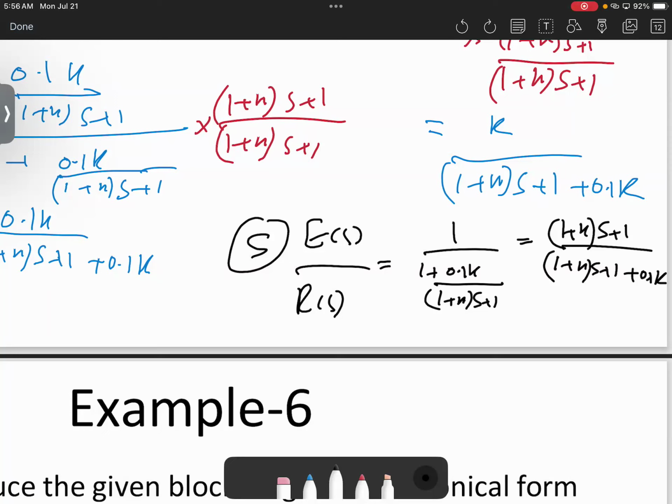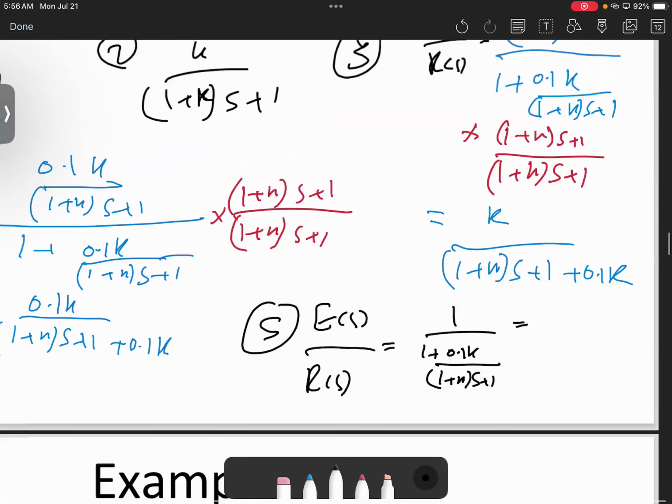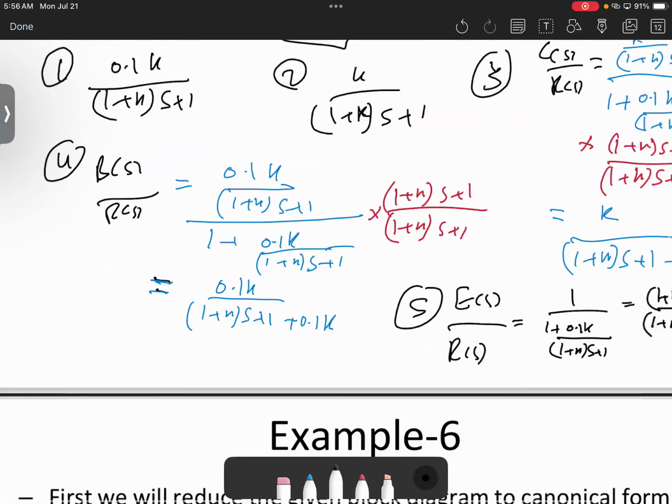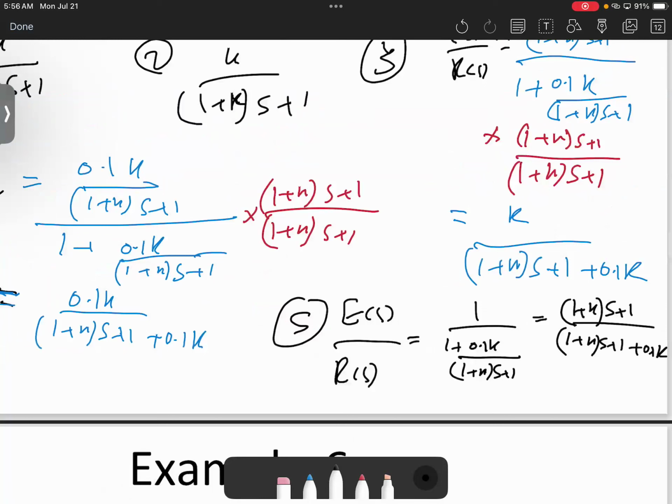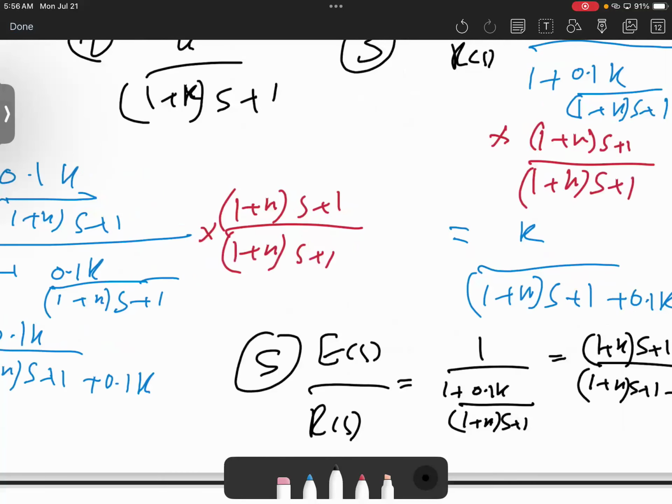Okay, number 6. Closed loop transfer function, which is the same as number 3. This is number 6. Now number 7, to find the characteristic equation.